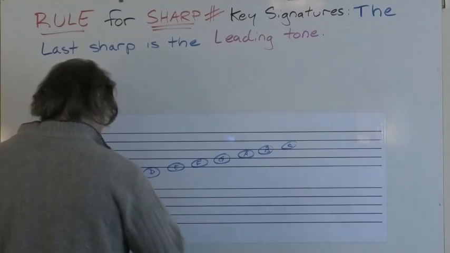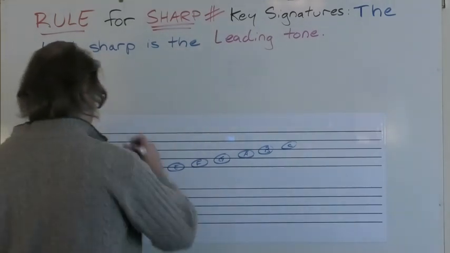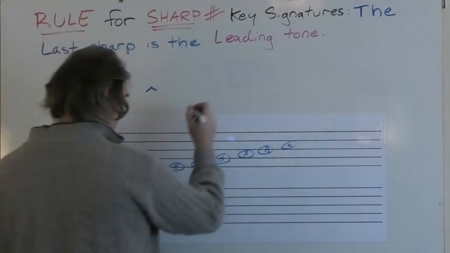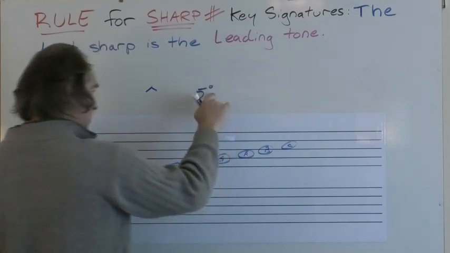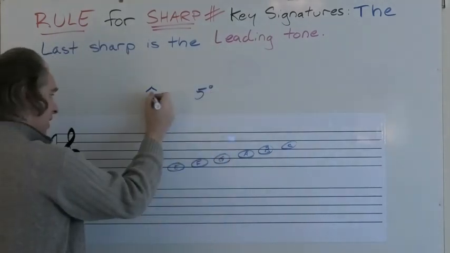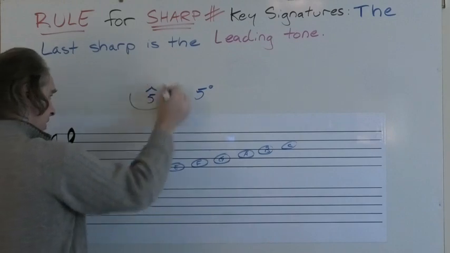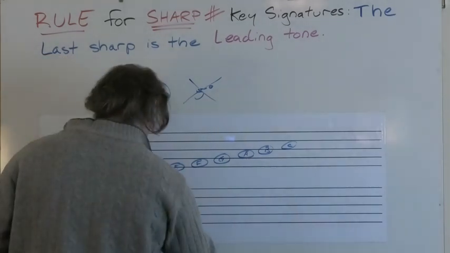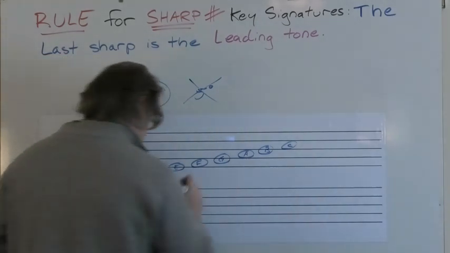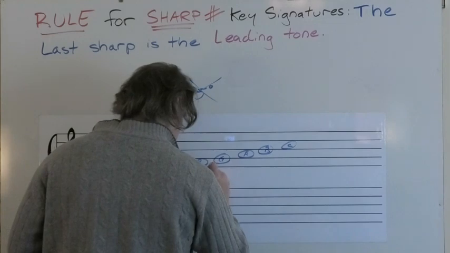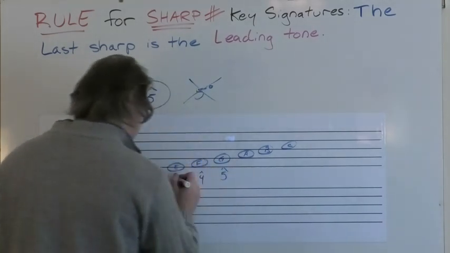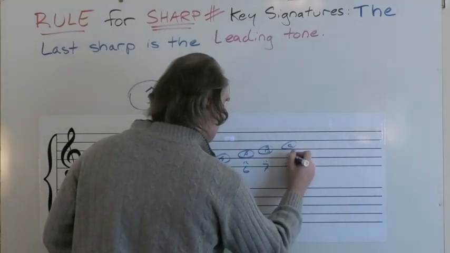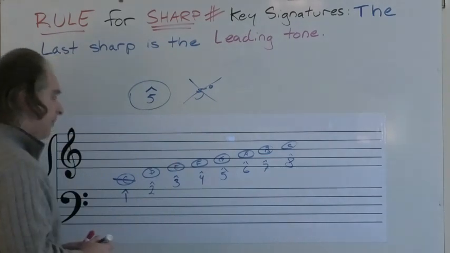That's going to be scale degree 1. We write the degree symbol in music like a little hat. In chemistry class you would write it like a little circle, but we don't do that. In music we write a little hat: scale degree 1, 2, 3, 4, 5, 6, 7, 8.